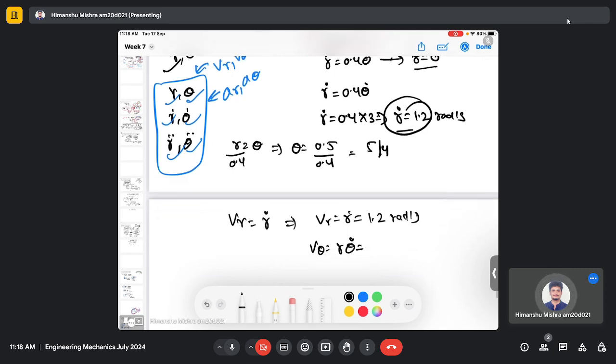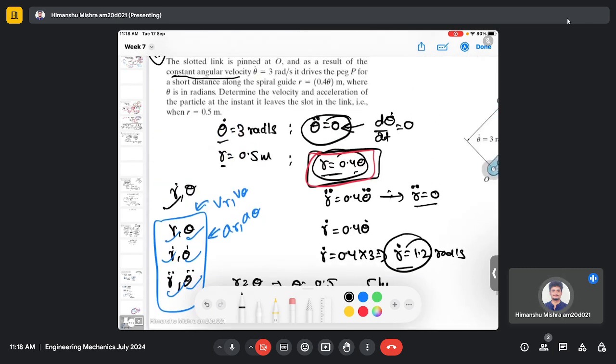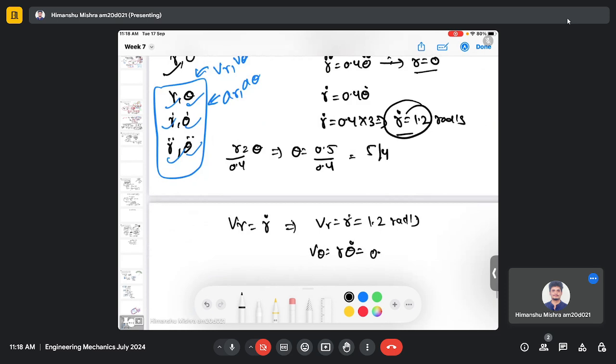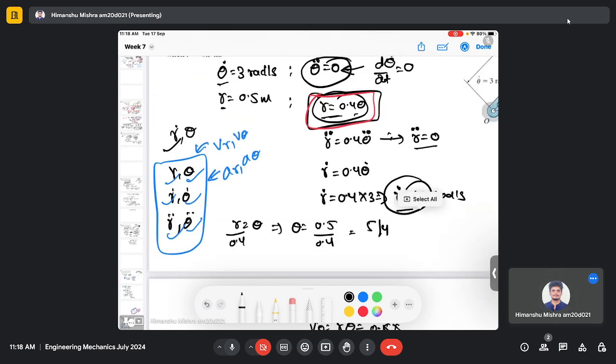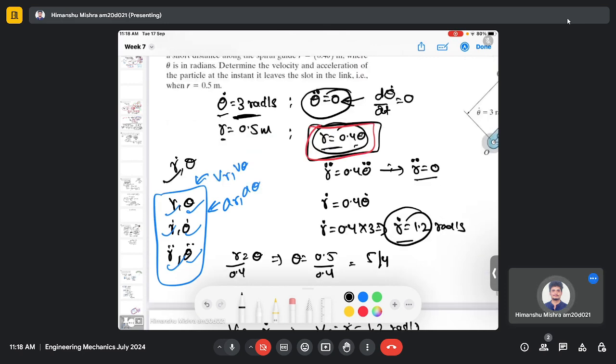So my r is 0.5 and my theta dot is 3 rad per second.